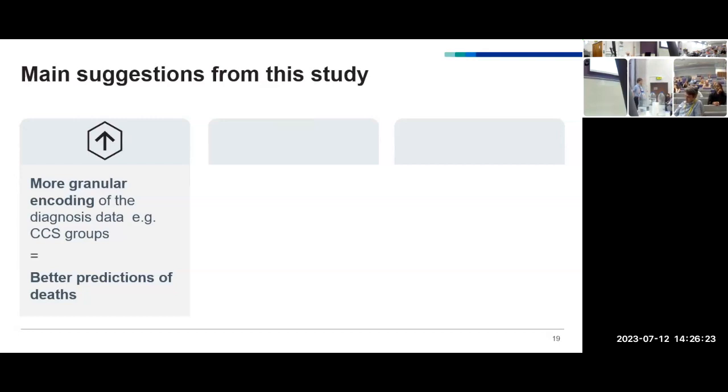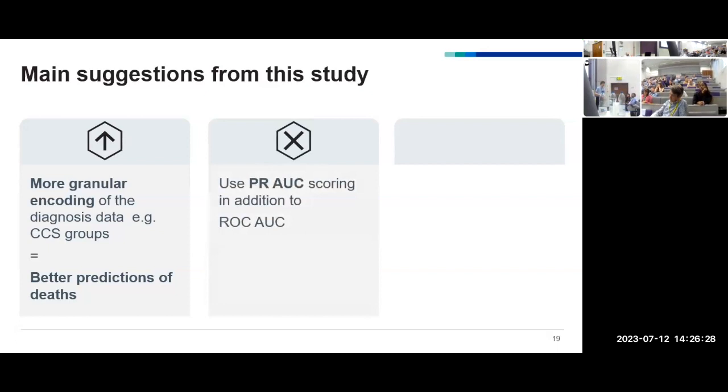I suggested that they use the precision recall curve score. They have taken that on board, and now they're using that in addition to the receiver operating characteristic curve score. And they have a reasoning for that, which I'm fine with. If they're using both, that's what we've taken on board, which is great, I feel.